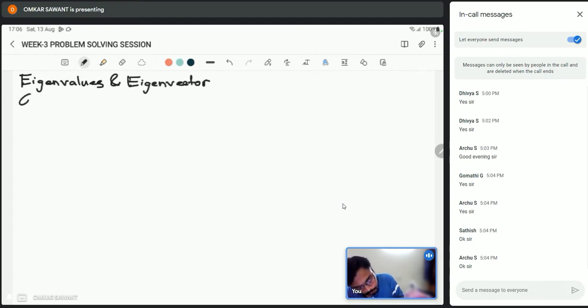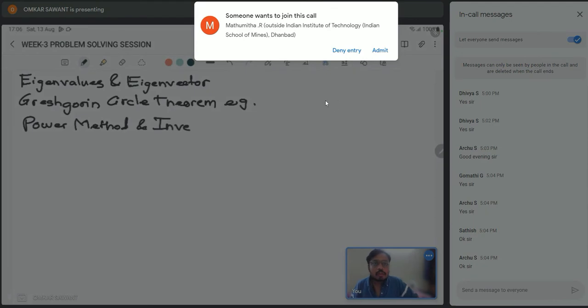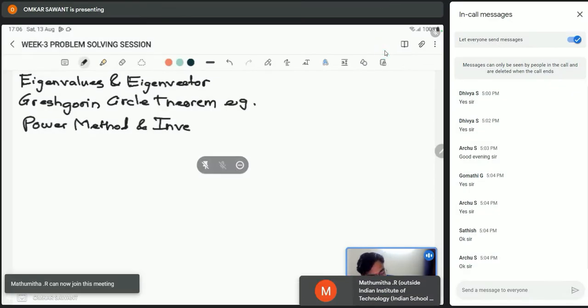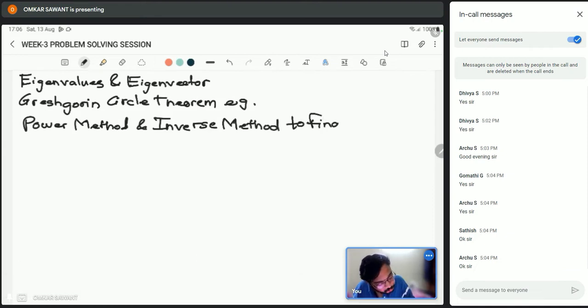Then we will see the Kirchhoff circle theorem examples. Okay, and we will see the power method and the inverse power method to find eigenvalues. Okay, this will be today's session.